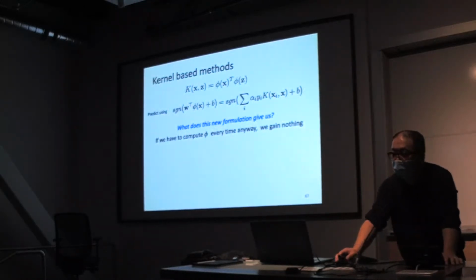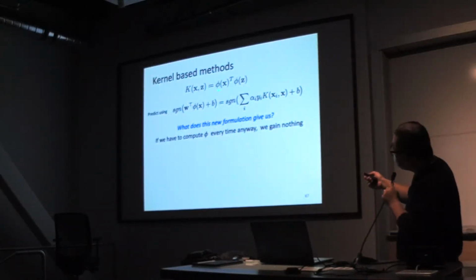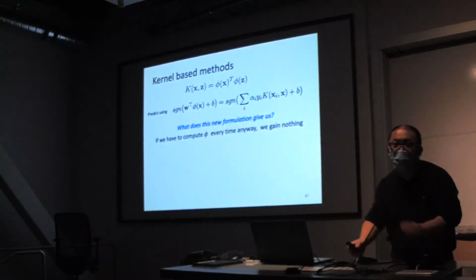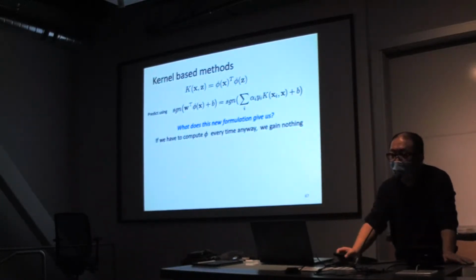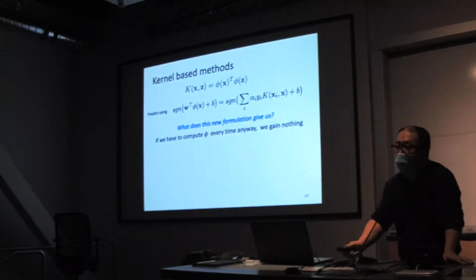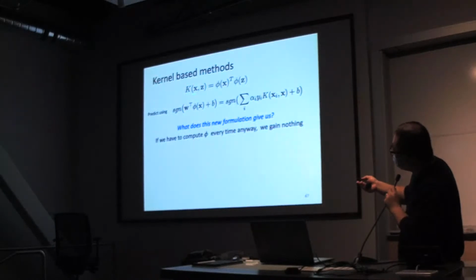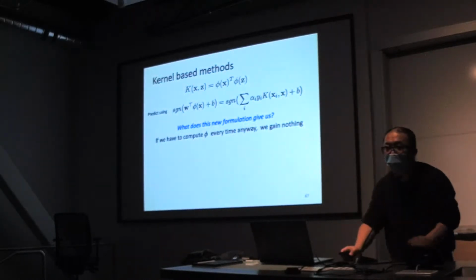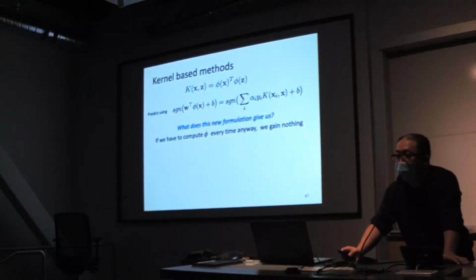Then the explicit computation of phi is very costly, even infeasible, not to mention their inner product. And then the trick to cheaply compute the value of k becomes much more important.